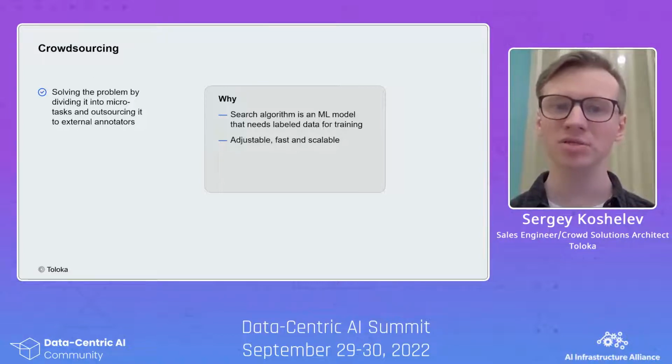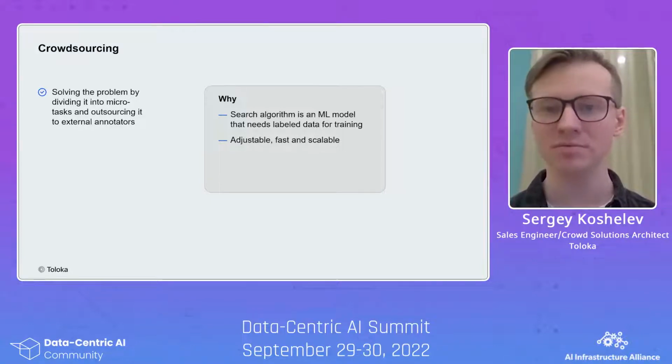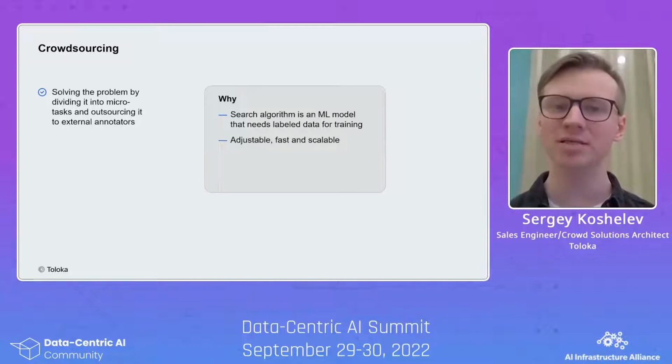And the crowdsourcing approach is very fast, scalable and adjustable, because when you use it, you tap into a large pool of potential annotators. They can work on your tasks pretty fast because there are a lot of them. This approach is scalable because when you try to annotate data yourself or using some in-house experts, you can't label it fast when you have large volumes, and you will require large volumes for training a search algorithm.